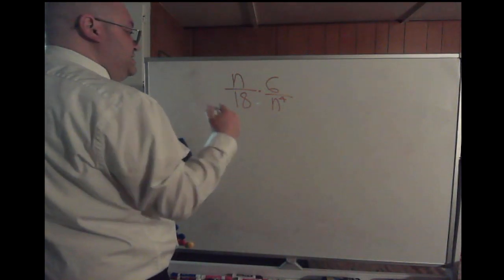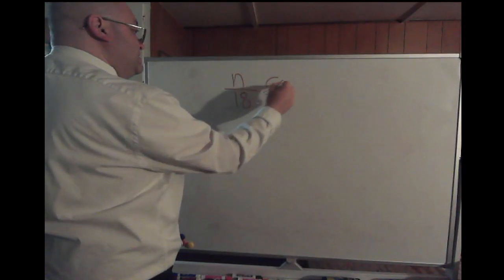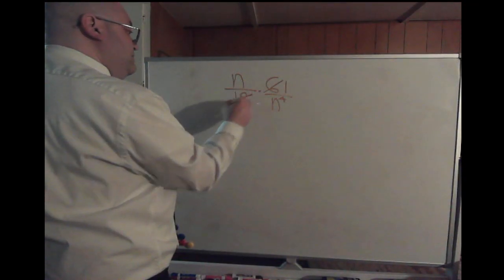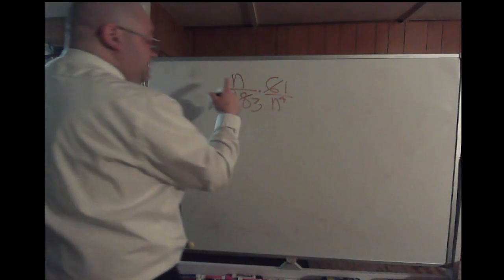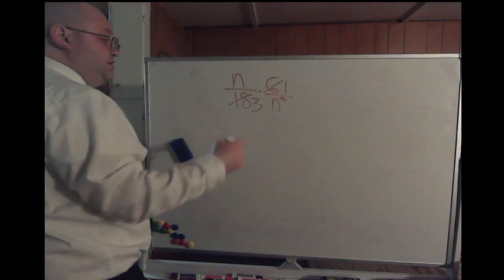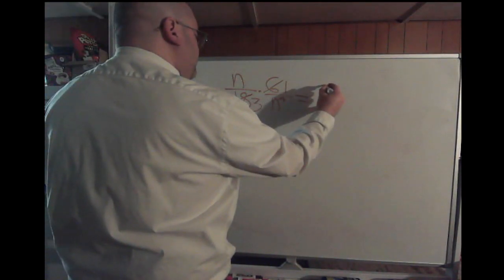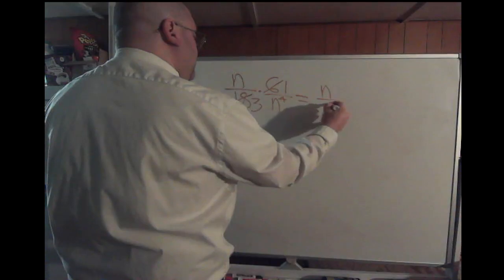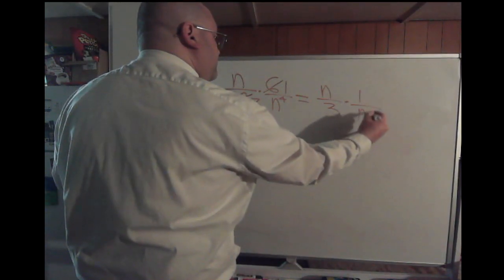Well, right away we see 6 and 18 will cancel each other. 6 divided by 6 is 1. 18 divided by 6 is 3. We can't yet cancel any further. We want to deal with these powers of n. So what I would do now is you're going to have n over 3 times 1 all over n to the 4th.